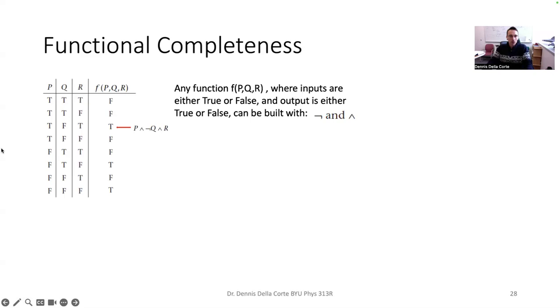How would you do it? Well, let's say you randomly just throw down some letters here, FFT, FFT, FT. Then you ask yourself, how can I build a function that gives me this response?